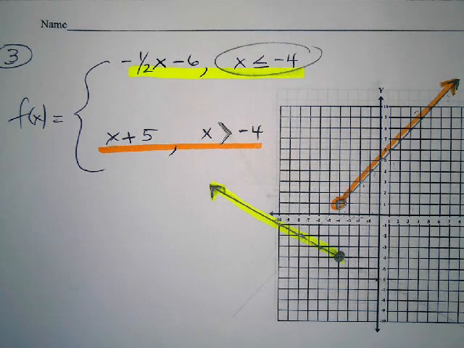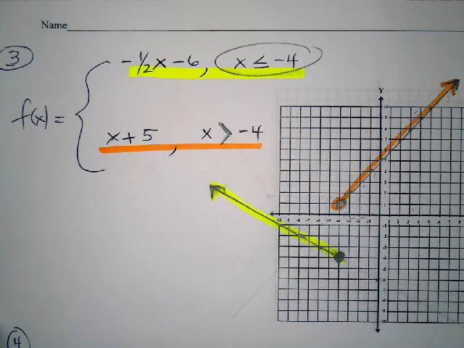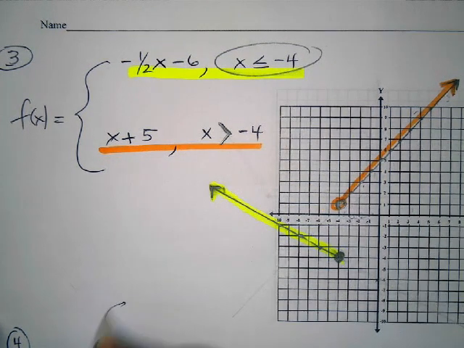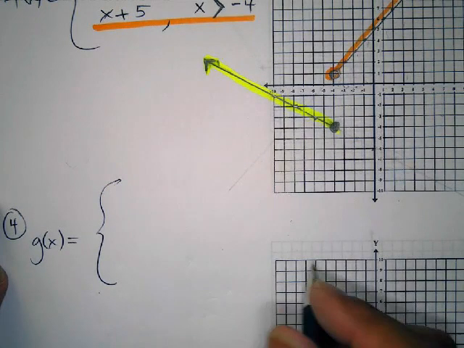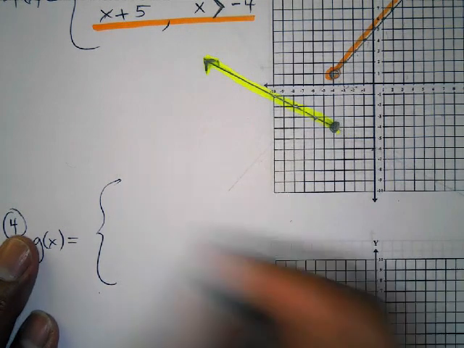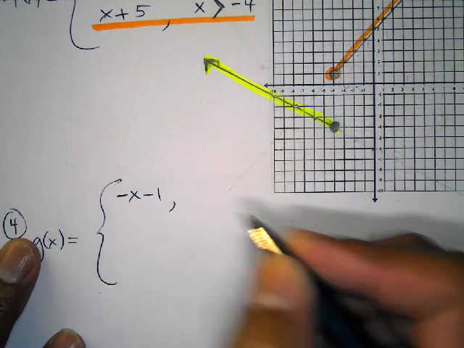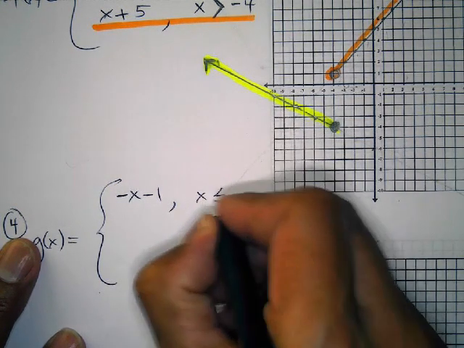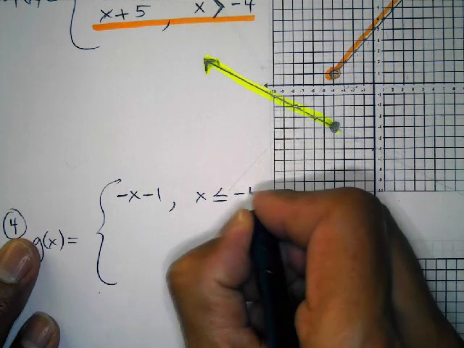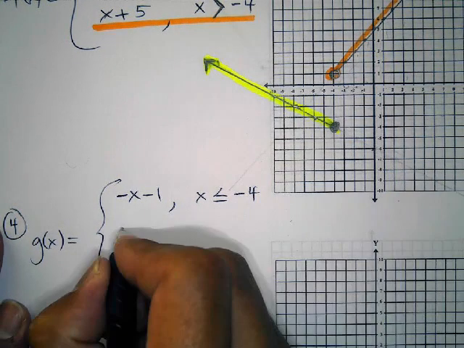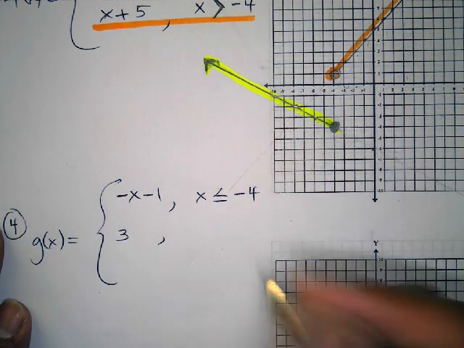Okay, let's go with number 4, and I'll change it up, g of x, that doesn't matter. Let's go with -x minus 1, and x is less than or equal to -4 again.